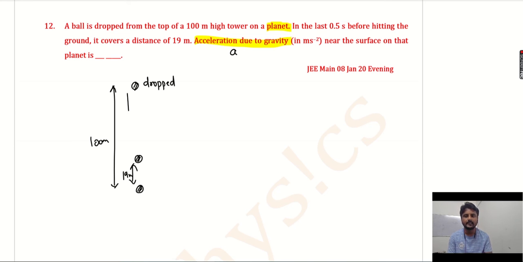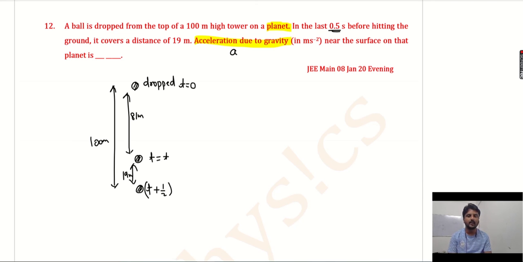So obviously this distance will be equal to 81 meter. At t is equal to 0, we are dropping the ball. Now let's say it is covering the 81 meter distance in time t. And it is given that in the last 0.5 second it covers 19 meter, means the time taken by the ball to reach the 100-meter distance is t plus 1 by 2.